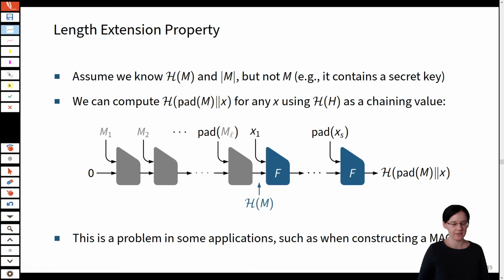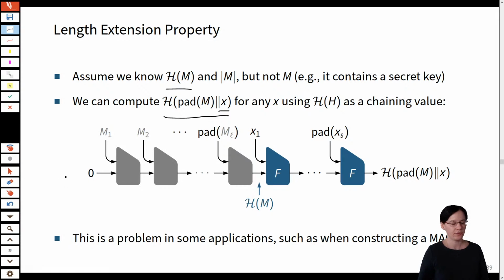In that case, this Merkle-Damgård construction has the unfortunate property that just knowing the hash of a message allows us to compute the hash of extended versions of this message. So where we take the message and add some known value x to the end, and without even knowing the input here, we can still compute the hash of this concatenated value.